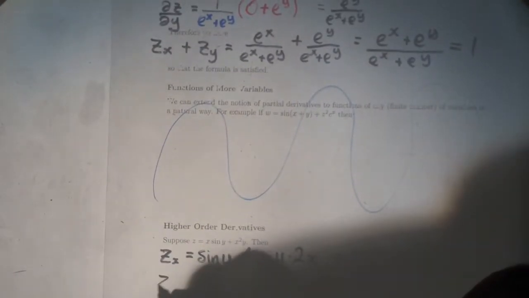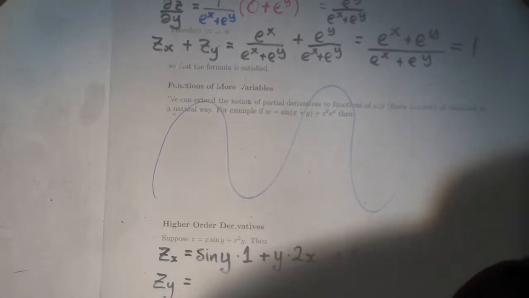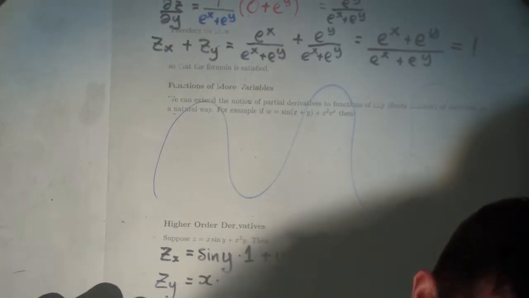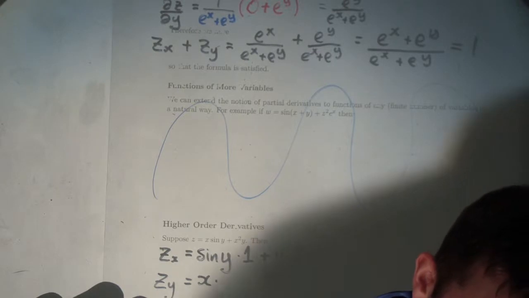We'll also differentiate this with respect to y. Going back to the start, in the first term with respect to y, any constants about? X. Fix the x. What is the derivative of sine of y with respect to y?